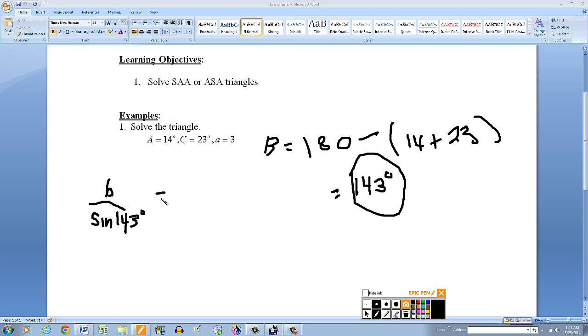And that should equal, according to the law of sines, any other side. Well, we're given 3. Little a is 3, divided by the sine of the angle opposite that. Okay, so in this case it's 14 degrees.